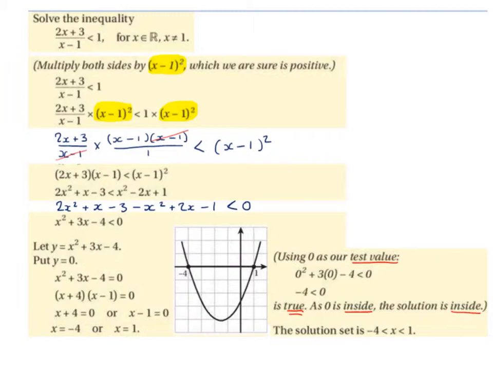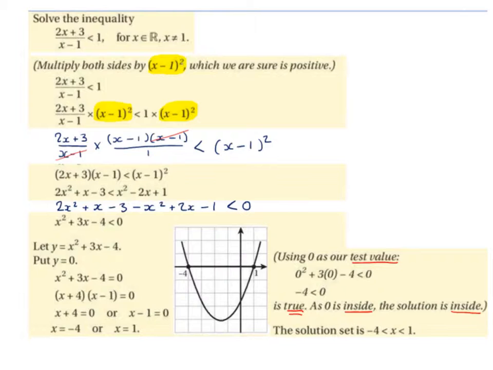So we're going to have (2x + 3)/(x - 1) multiplied by (x - 1) squared. Then we bring down our inequality sign, and then we have 1 multiplied by (x - 1) squared as well. So we're multiplying by (x - 1) squared because that's what the denominator is.